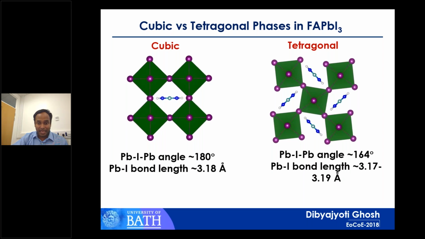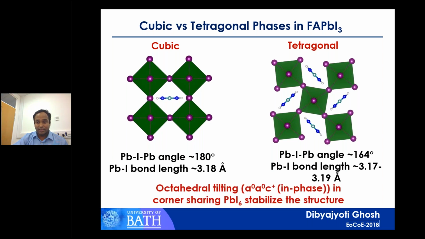Then we also tried to find what is happening in the two corner sharing phases, and we found that the Pb-I-Pb angles are much smaller in the tetragonal phase, and that we can rationalize by the fact which we discussed before, that the lead iodide lead bonding is anti-bonding. It is mostly overlapped when you have a 180 degree angle, but when you distort your lattice, the anti-bonding overlap reduces, and that can eventually increase the stability of the structure.